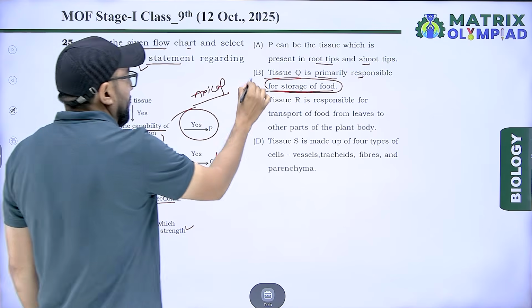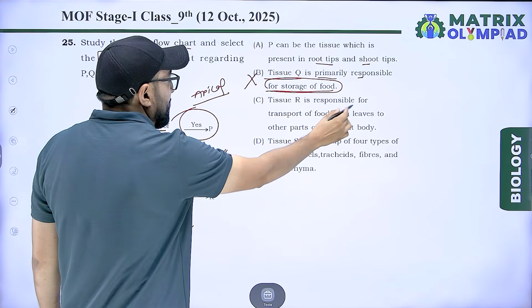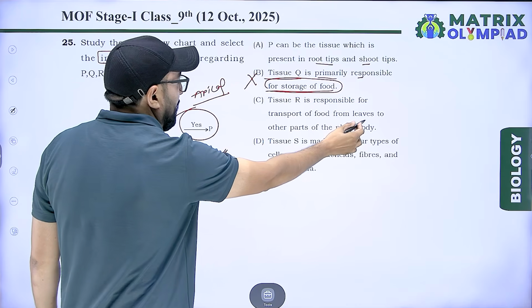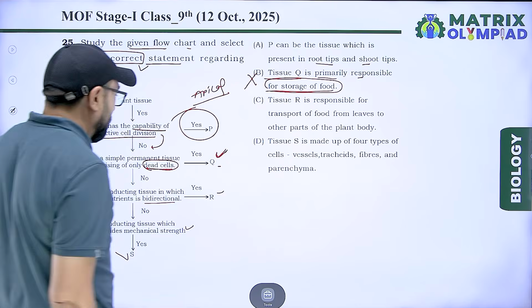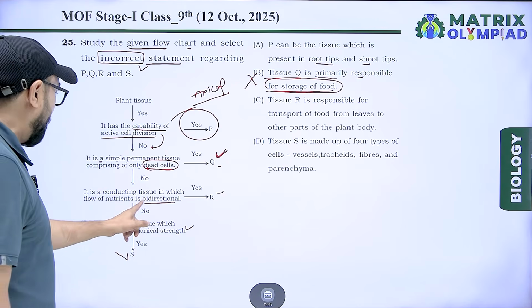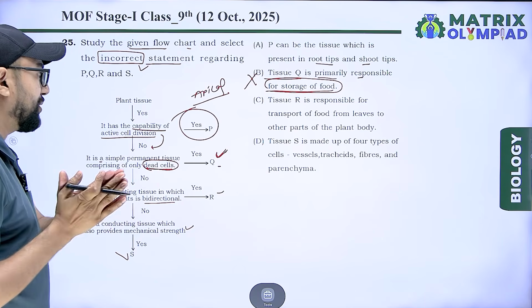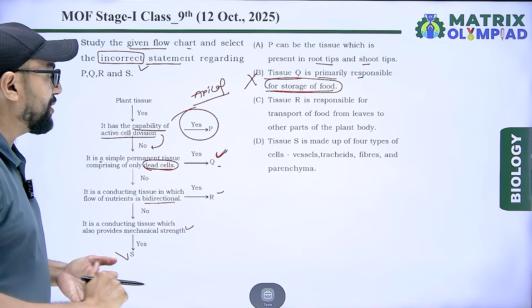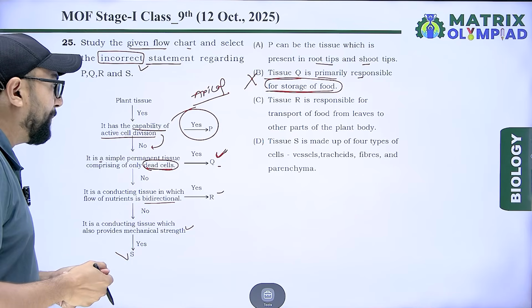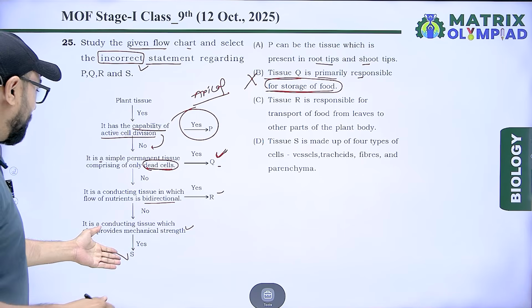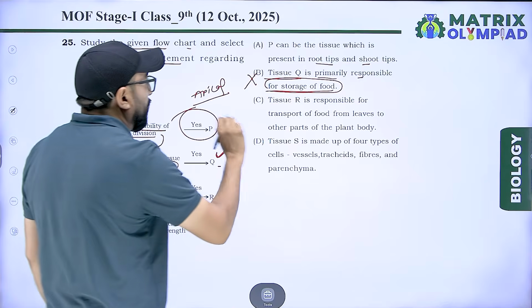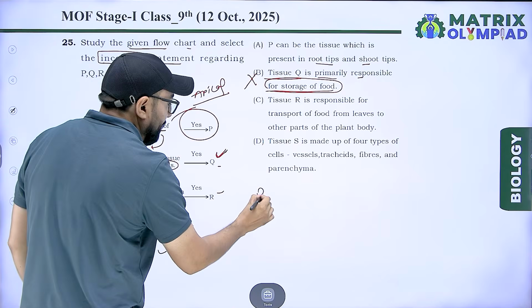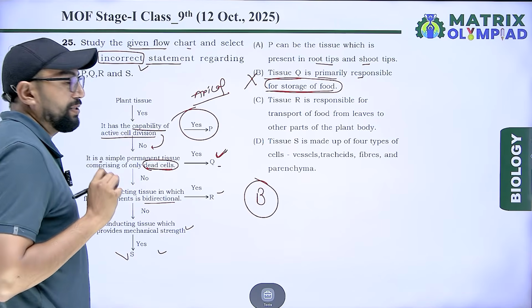So this is incorrect. Tissue R is responsible for transport of food from leaf and other parts of plant body, bidirectional, so this is right. And S is made of four types of cells: vessels, tracheids, fibers, and parenchyma. That is right. So according to this, option B is incorrect.